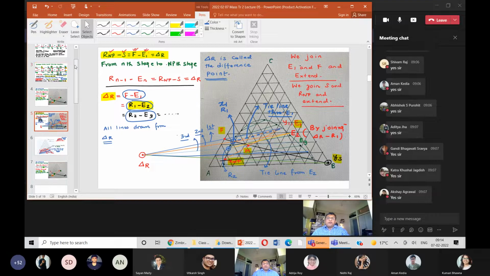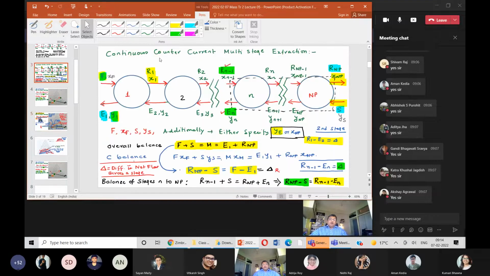So if you look into the equation, what is R1 and E2? R1 and E2 is the compositions between two stages. R2 and E3 are compositions between two stages, right?